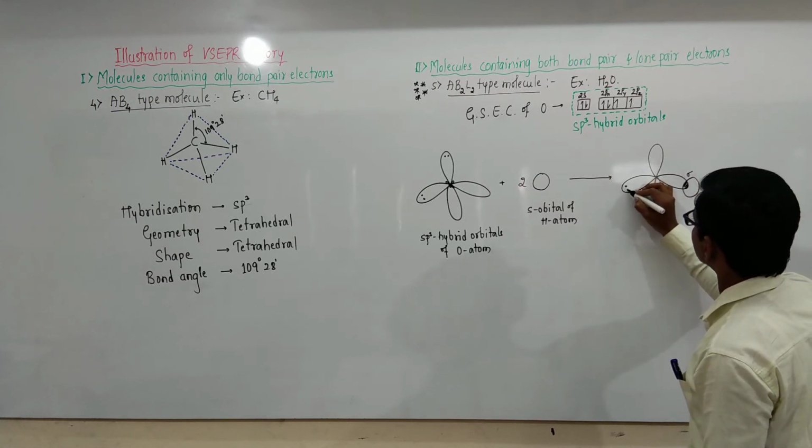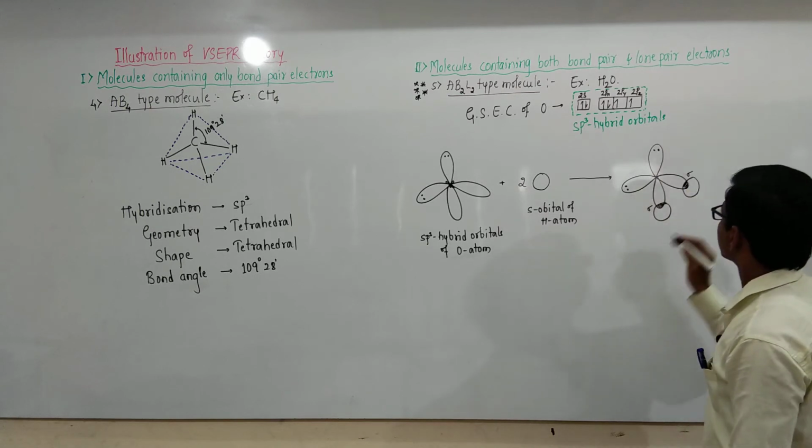And these are the 2 lone pairs on central oxygen atom.